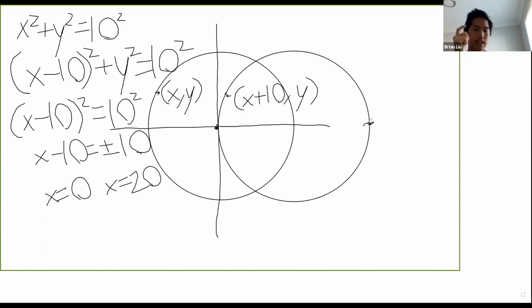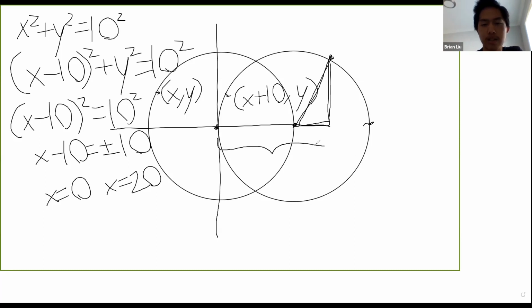In fact, for any value of x and y that are on this new circle, because the center of this new circle is 10, 0, if we draw this right triangle right here, instead of this leg of the right triangle being x, we have this length from the origin to this point right here being x.